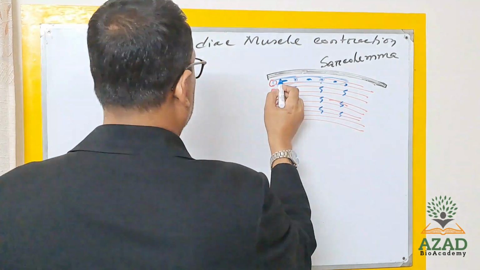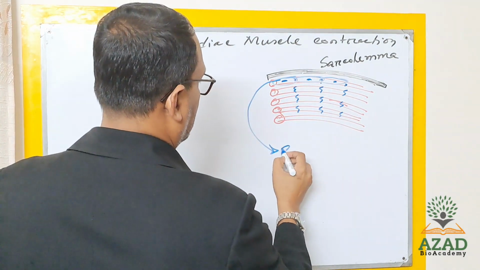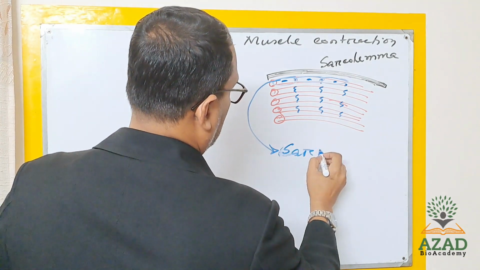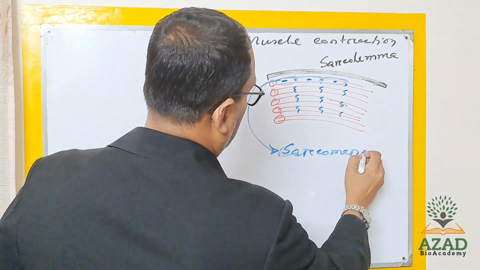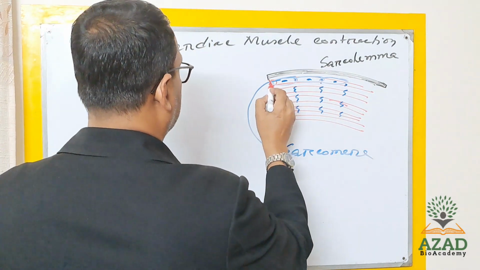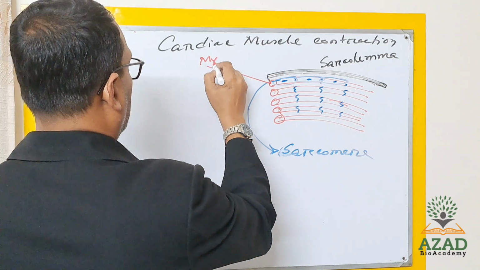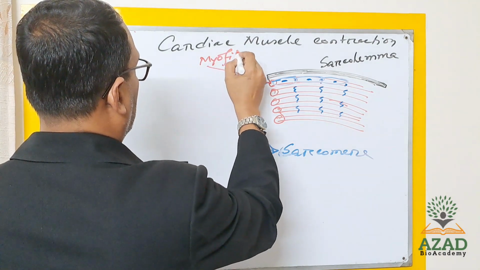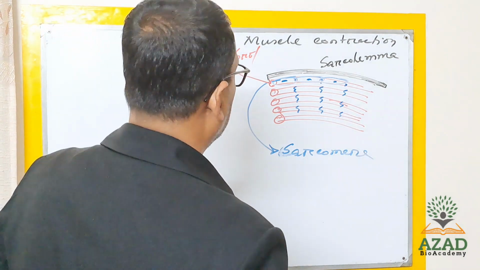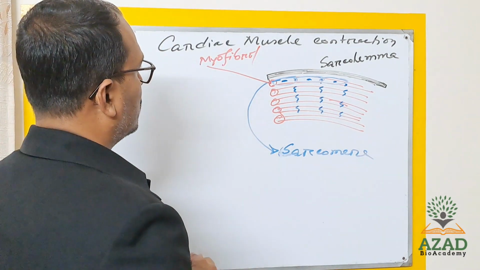So this is a sarcomere, and these are myofibrils.